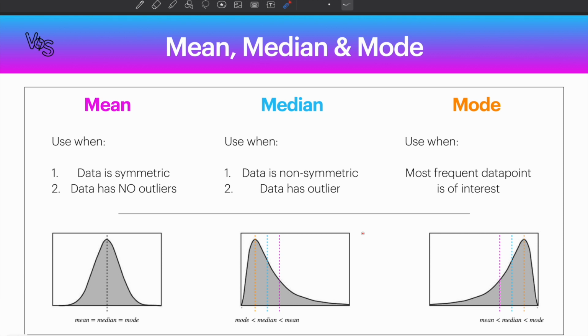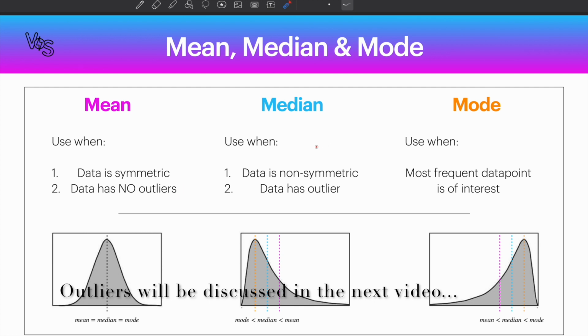So we've discussed the mean, the median, and mode, and here's when to use each one of them. So we would like to use a mean when your data is symmetric and it has no outliers. We would like to use the median when the data is non-symmetric and your data has outliers.